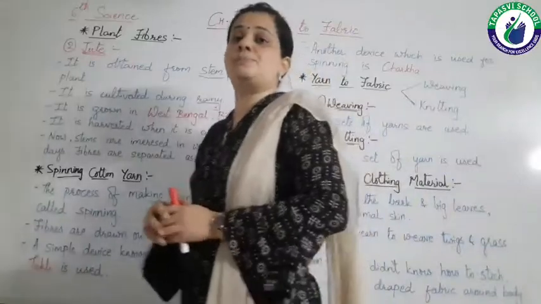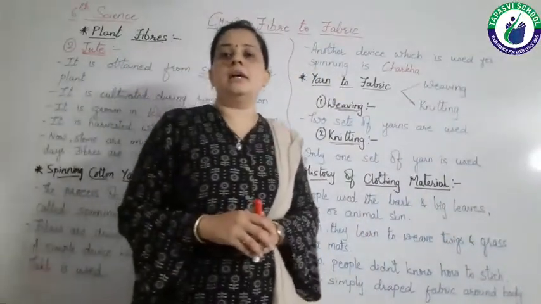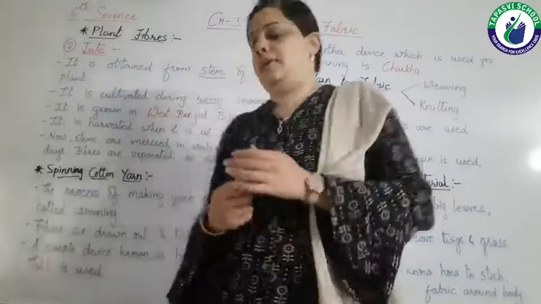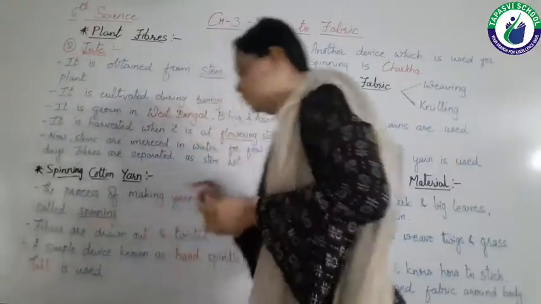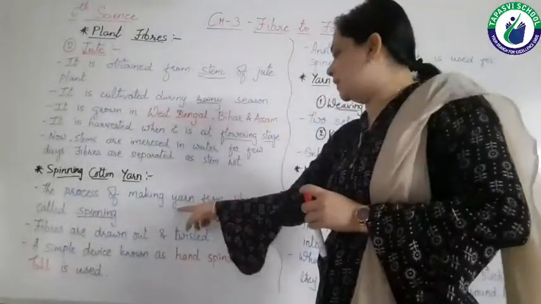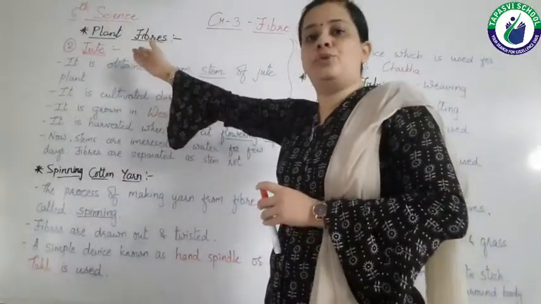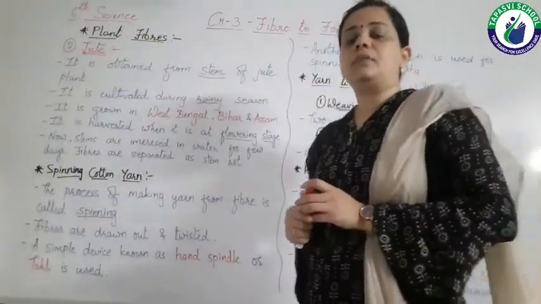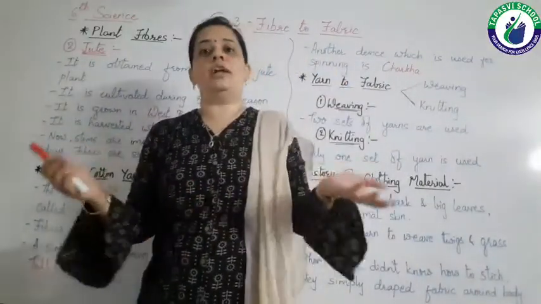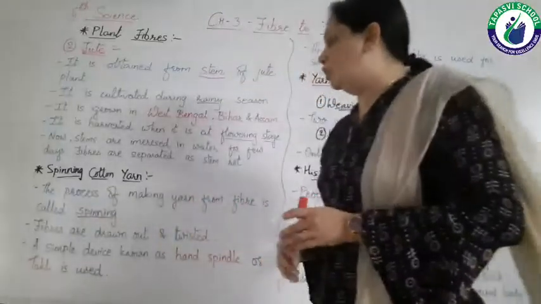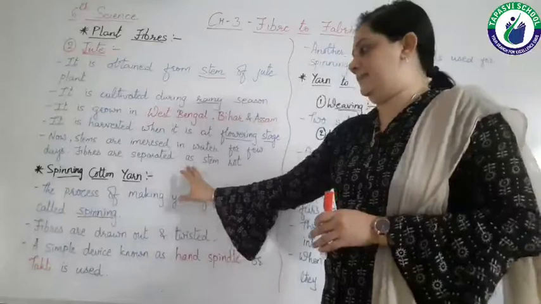So here the spinning process is used to make the yarn from the fiber. Okay, so spinning is the process in which the yarn is made from fiber of either cotton or jute, and then we use that yarn to make the cloth or fabric, right?